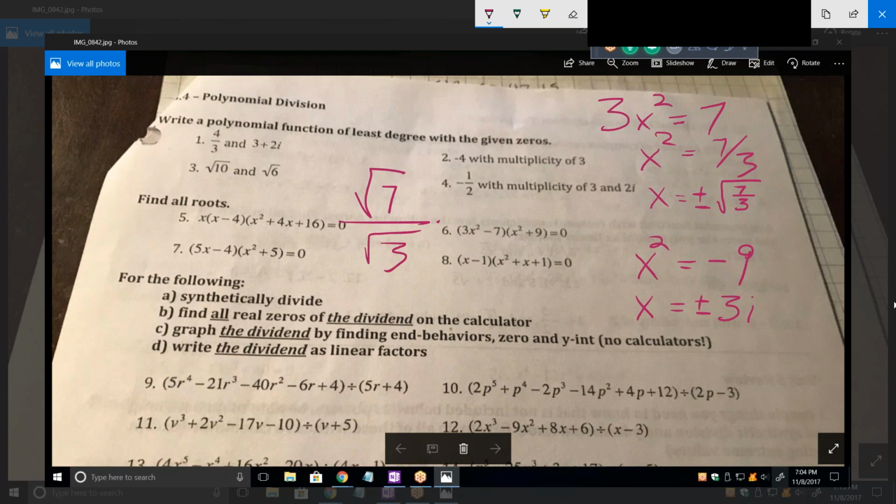So I can't do anything I want to the top and the bottom. What I can do is multiply this by the number 1. That's it. Okay. Number 1 can take a lot of forms. I can multiply it by that. That's the number 1. And the advantage is it turns the bottom into a real number, and it leaves the top as that. So that, with the plus or minus, is really the way you should give the answer.